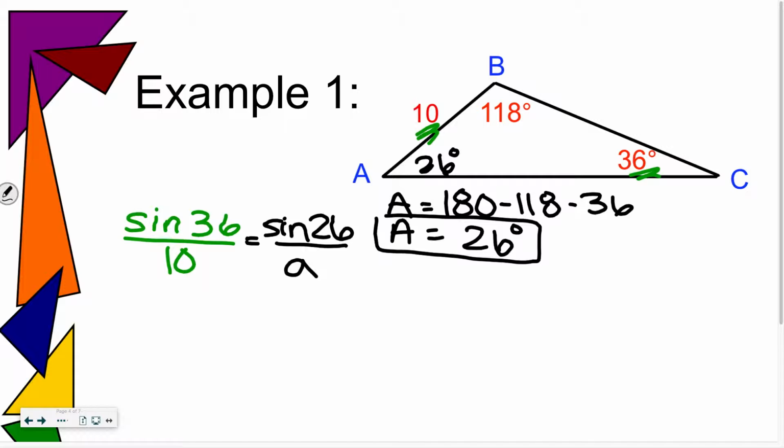How will you solve that equation? Tyler? Say sine 36 divided by 10, and then sine 26 divided by A. Oh, okay. Yes, can you give me a more algebraic approach to that?